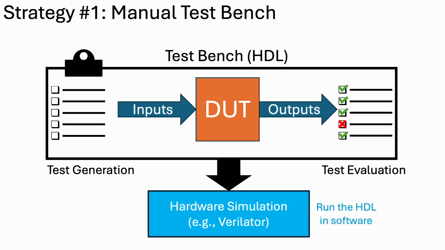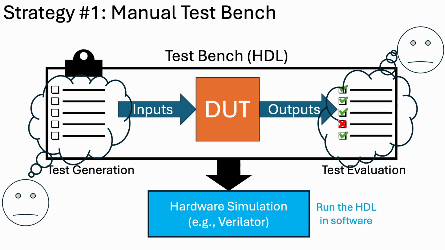And you run this whole thing in a hardware simulator that is meant to be accurate to how the hardware would perform if it was actually taped out. The big issue with this type of approach is there needs to be some kind of designer that is thinking about all of the tests that you're running the DUT on, and then also they need to know what all the correct outputs for those inputs are.